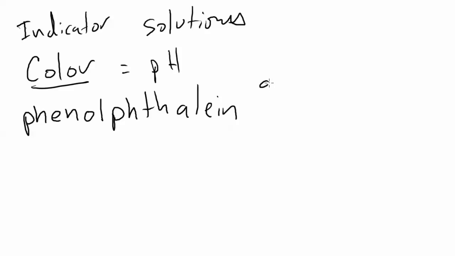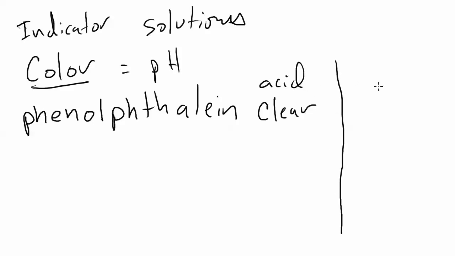If you put phenolphthalein in an acid, then it's going to just remain clear. And if you put phenolphthalein in a base, then it's going to turn pink, bright pink.